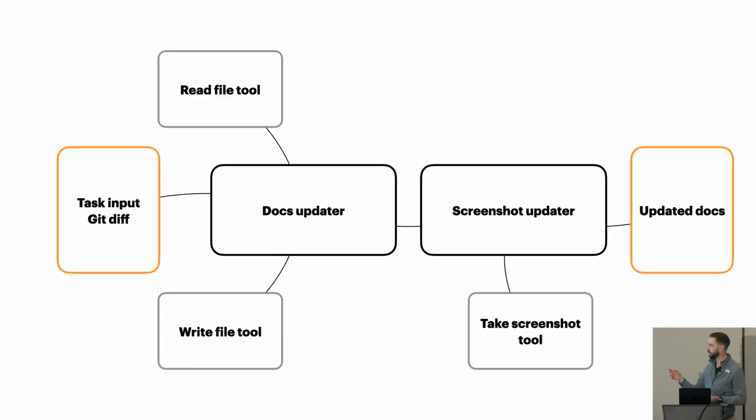Then there's another agent which is tasked with updating the screenshots if necessary. It would analyze whether, based on those changes, there is going to be a change in the UI as well, and if yes, take the necessary screenshots. And in the end, the result is we're going to have the updated docs. That's it.